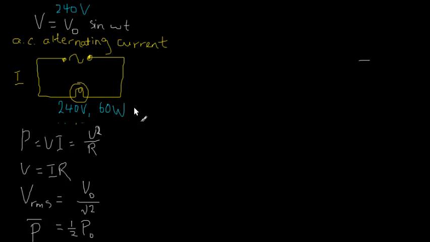So not too bright, just a medium brightness. What I'd like to do is to calculate some of these values based on this rating, so that we can be more familiar with what really goes on in our mains power supply and also be more familiar with these formulae.